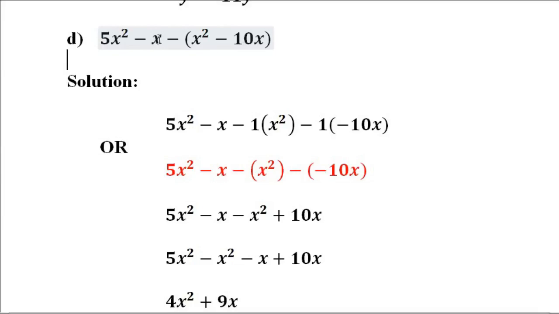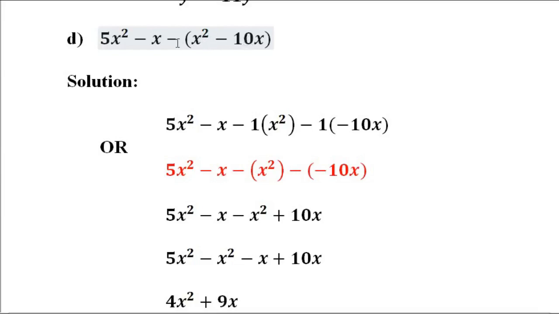Remember, when we don't have a coefficient in front of a variable, or just like the negative sign in front of the parentheses, there is an understood coefficient of 1. Now we can't combine those terms in parentheses because they are different terms with the same variable x but different powers. So what we can do, we can use the distributive property to remove those parentheses and simplify this expression.